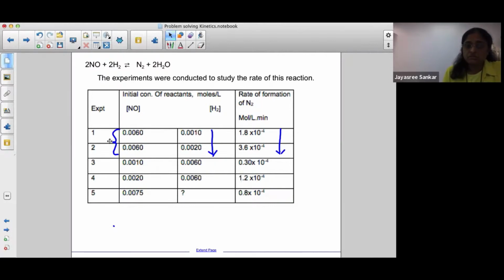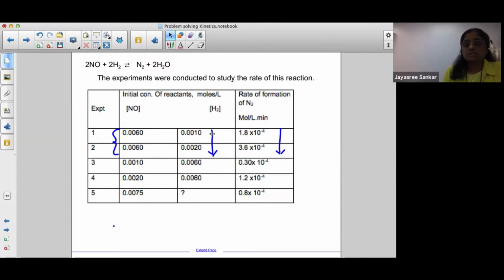So if you look at experiment number 1 and 2, you can clearly see the NO concentration is remaining the same, but the hydrogen concentration is doubled. On the rate column, you can clearly see that the rate has changed from 1.8 times 10 to the power minus 4 to 3.6 times 10 to the power minus 4.